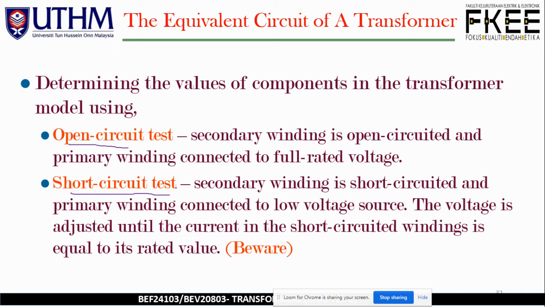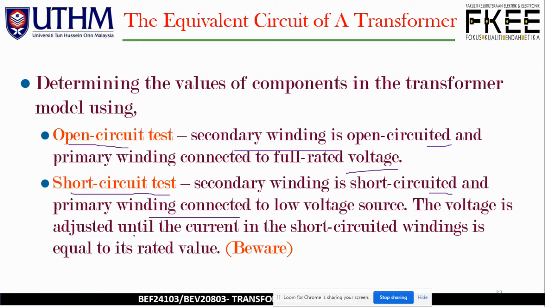So the open circuit test is nothing but the secondary winding is open circuit and the primary winding is connected to full rated voltage. And then what is the short circuit test? This is where the secondary winding is short circuit and the primary winding is connected to a low voltage source.